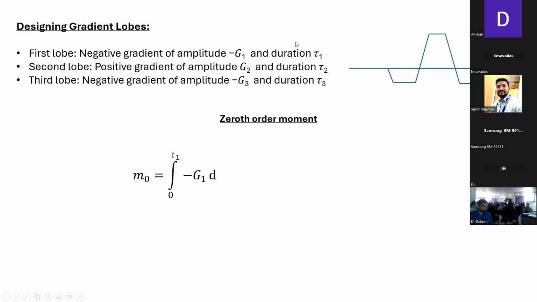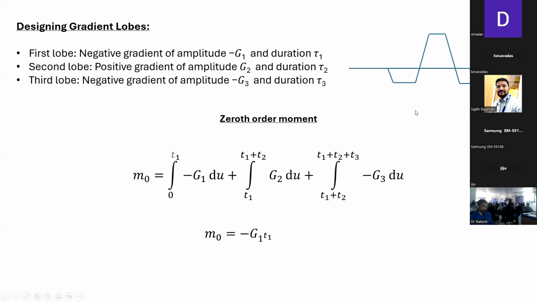So this is our gradient. Practically it is a bit different from the previous example. I changed the polarity here. It starts from the negative lobe, then goes to the positive lobe with higher amplitude, and again comes back to the negative lobe.